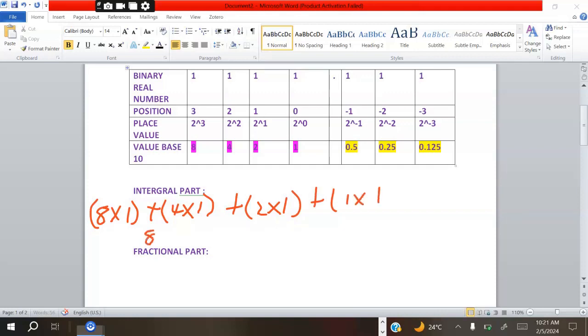This is 8 plus 4 plus 2 plus 1, which is giving us a total of 15.